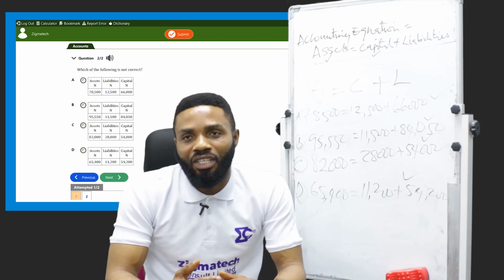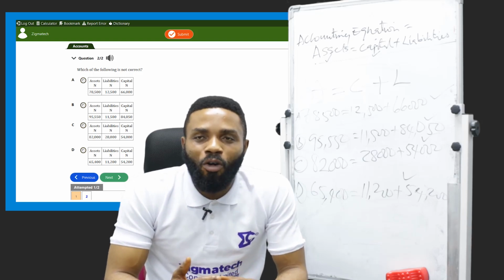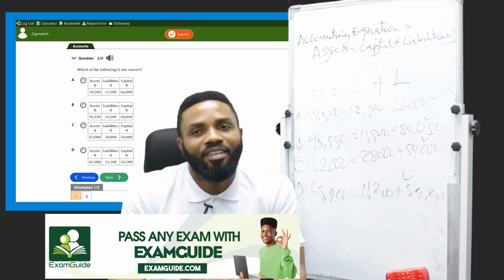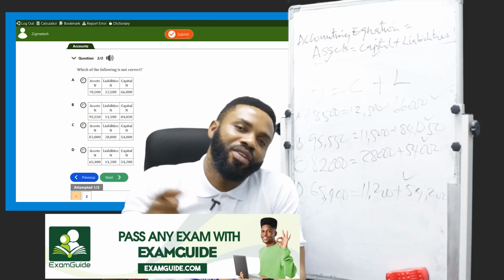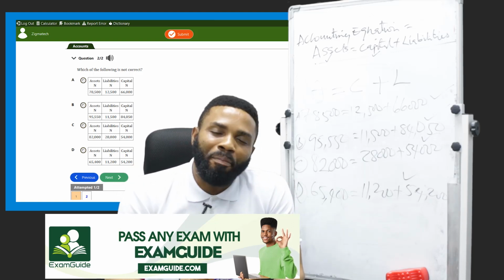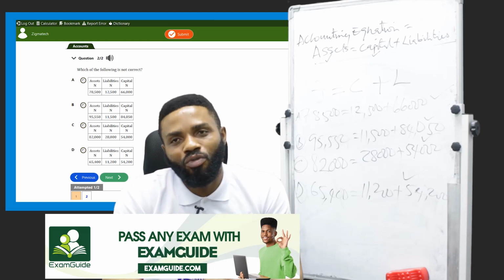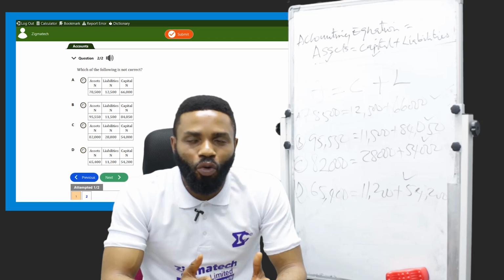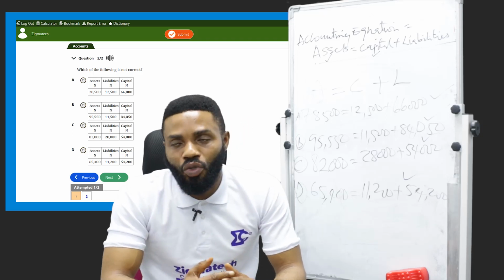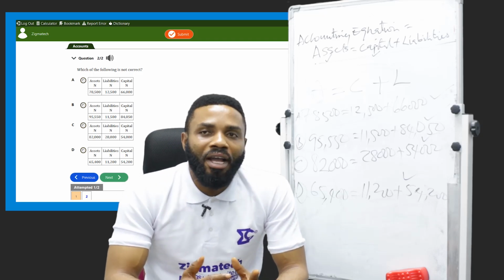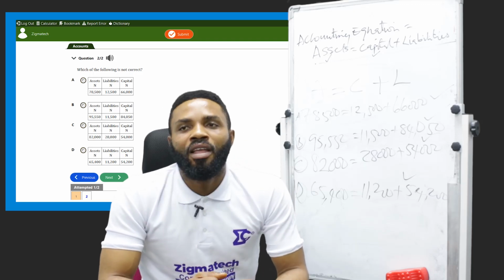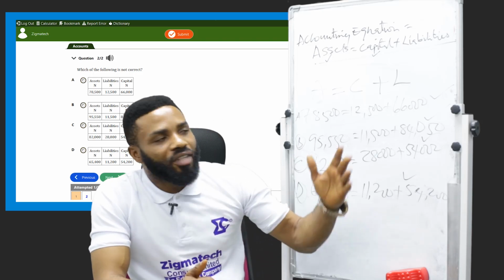Within that period of time, the manager of the company is expected to give you back that capital or to recover the capital, maybe through accumulated profits. So capital is always number one when it comes to long-term liabilities. And then we have what we call long-term loan. You can go to the financial institution like the bank or the microfinance, and then you access loan for a very long time.